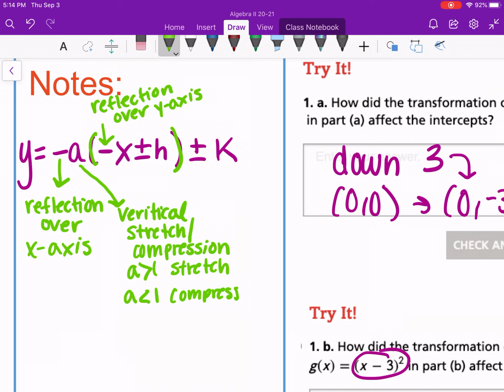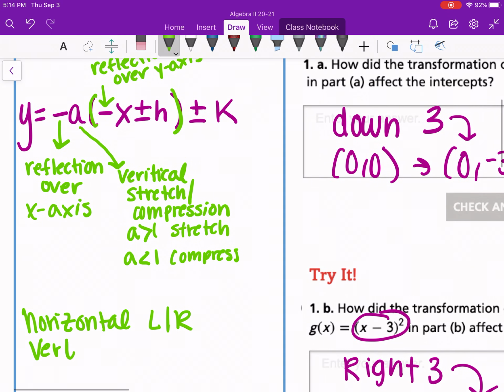So now, there's 2 different shifts, okay? Our shifts are either left, right, up, or down. So left and right is horizontal. I'll write that at the bottom. Remember, left and right is horizontal, and up and down is vertical.